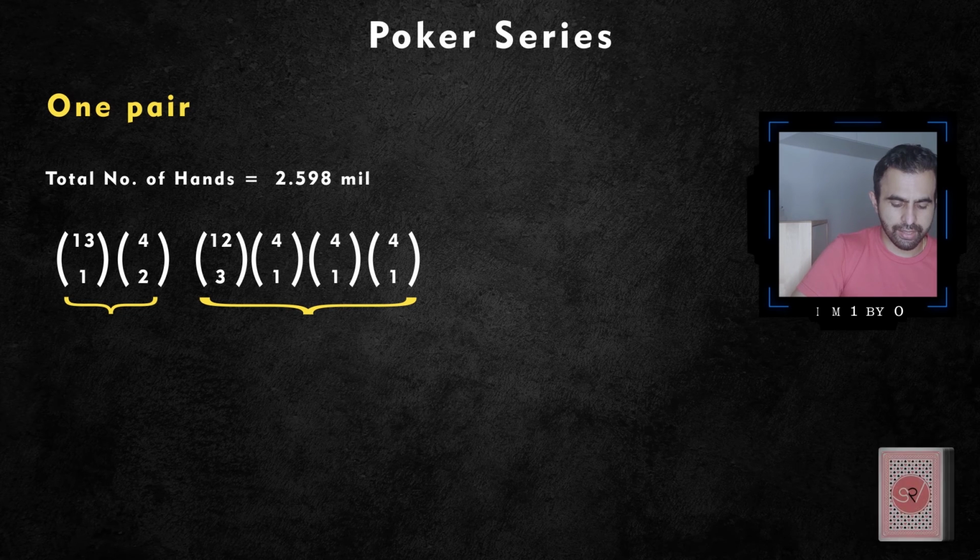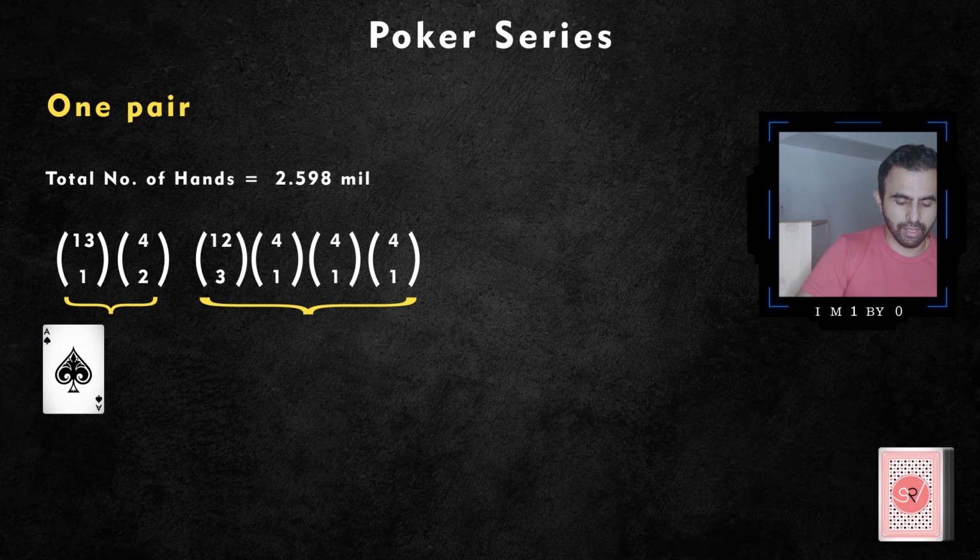So let's assume that I select the ace. So out of the 13 ranks, I select the ace. Once I select the ace, I'm then restricted to the ace, right? How many aces are there? There are 4 aces, right? And out of the 4 aces, I need to select 2 aces, right?